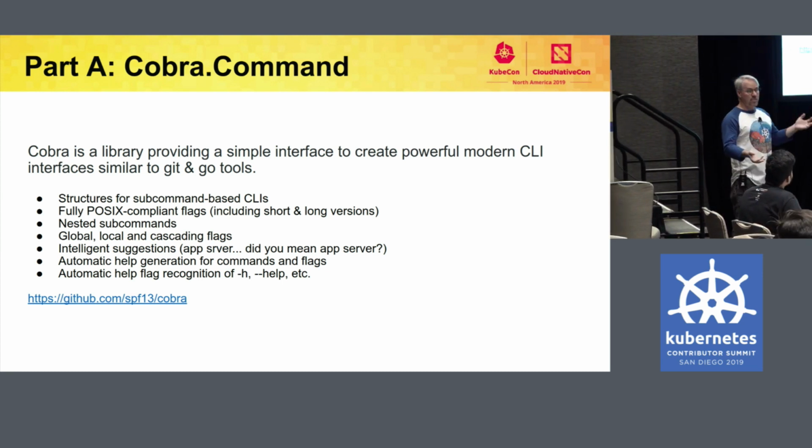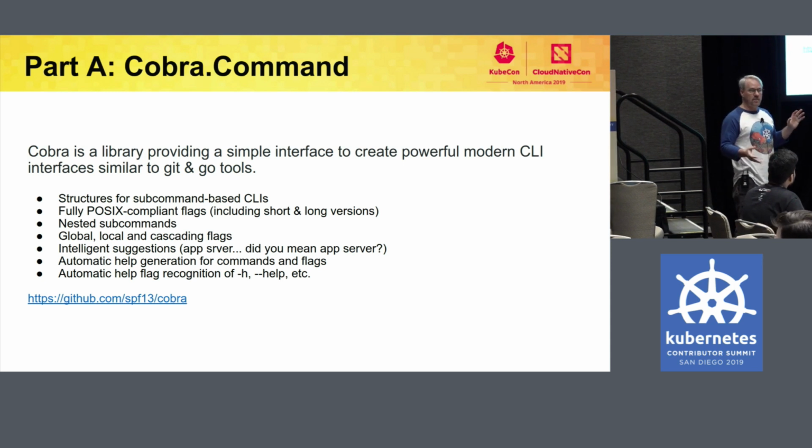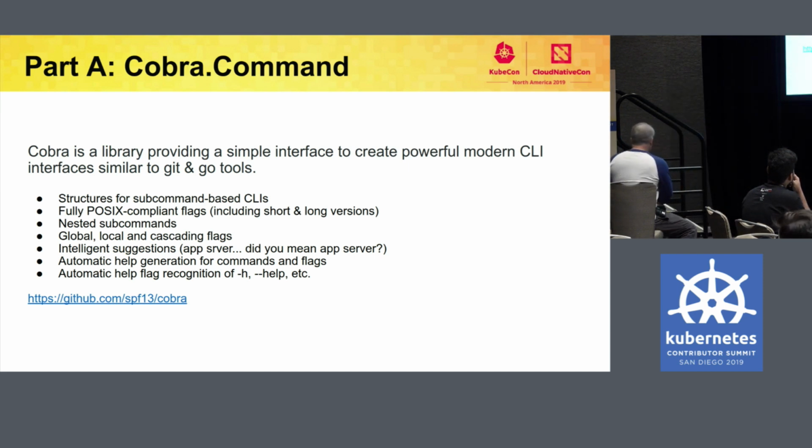It has automatic help generation, so you don't actually even have to do anything to have -h show you help. It'll show you the examples that you put in the command. It'll show you some long description, etc. And that is obviously the link for Cobra command. Didn't want to spend too much time on that.